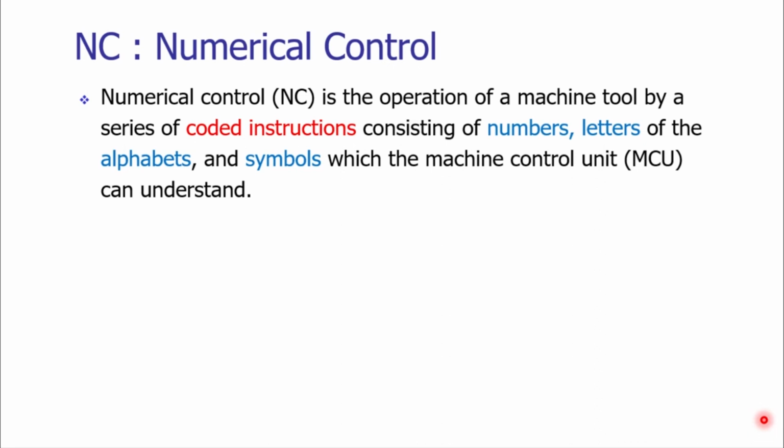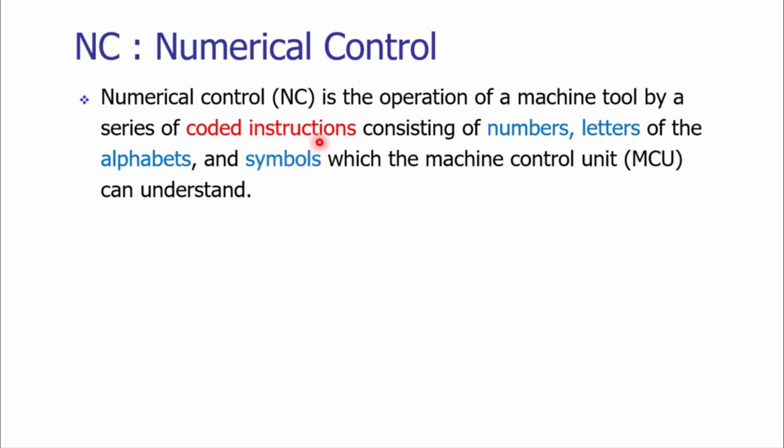In NC technology, we are controlling the operations of machine tools by using coded instructions. So, we have to send the instructions to a variety of elements of a typical equipment or machine tool, and we need to code them.